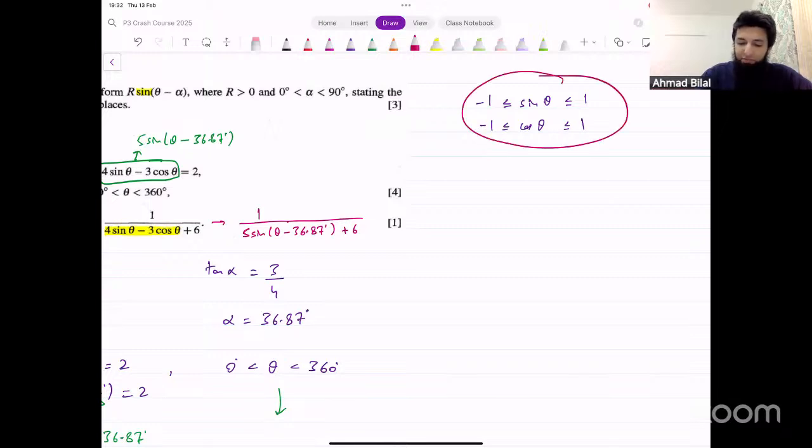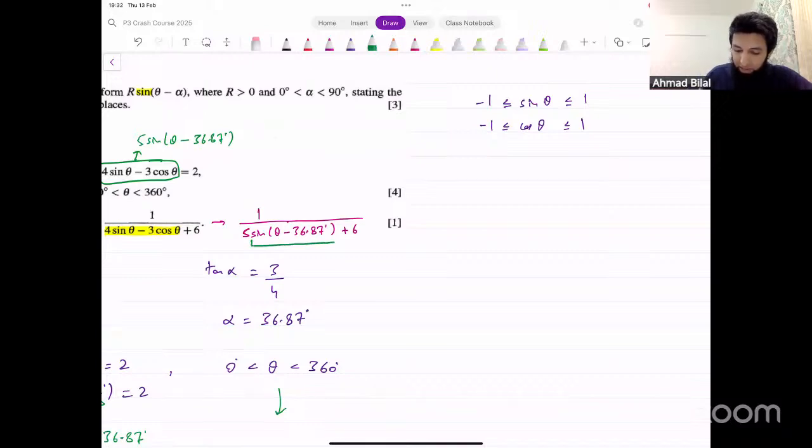Extreme values of sine function are -1 and 1. When you have one complete cycle of the sine function or the cos function, the minimum value can be -1 and the maximum value can be 1. What that means is this thing here, sine of theta minus 36.87, its maximum value can be 1 and its minimum value can be -1.